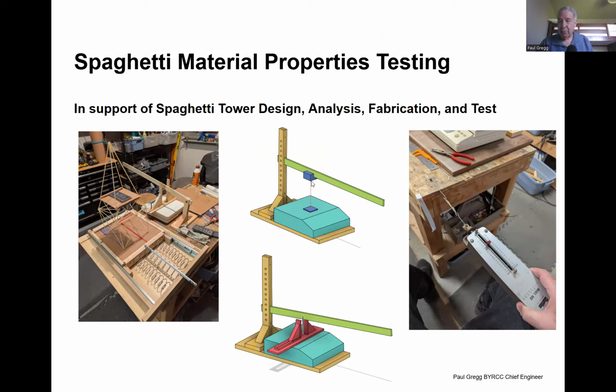They're long, skinny members, and when they get in compression, they bend sideways, and that's buckling. And you can calculate and test what that load is, and then if you know the loads in each member of your tower, which you can do by analysis, you can, ahead of building and testing, beef those up and get a better design without fabrication and testing.